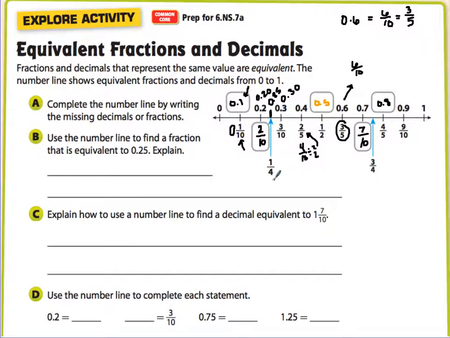According to the number line, I know that 1/4 is going to be equivalent to 25 hundredths because it shows me that 1/4 is listed right here.